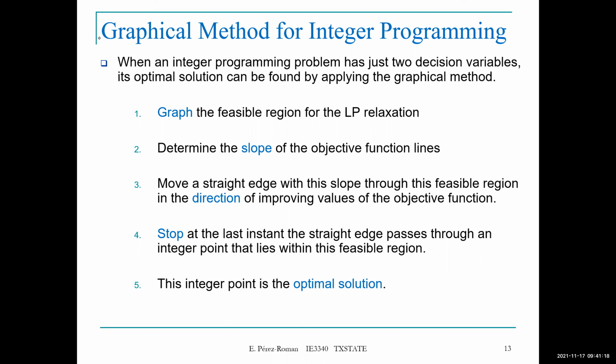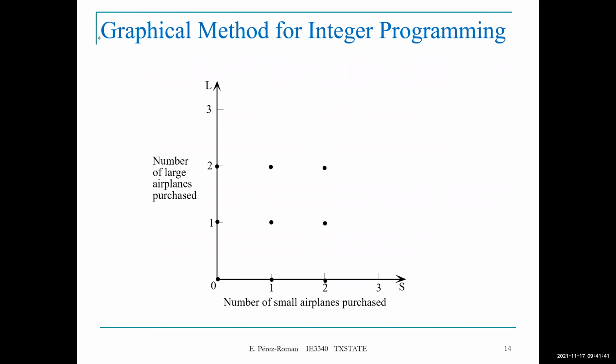We're going to move a straight edge with this slope through this feasible region in the direction of improving values of the objective function. But instead of stopping at the last point in the feasible region, we're going to stop at the last instant the straight line passes through an integer point that lies within the feasible region. This integer point is the optimal solution. So let me show you how that looks.